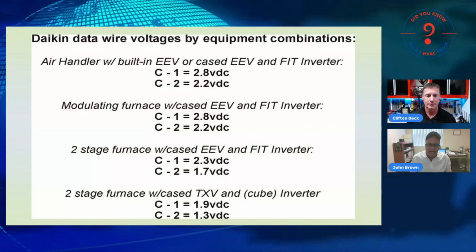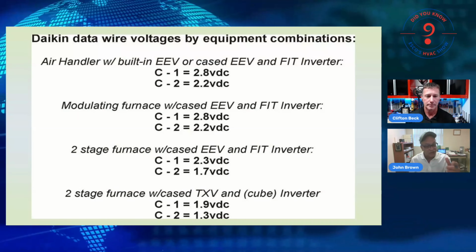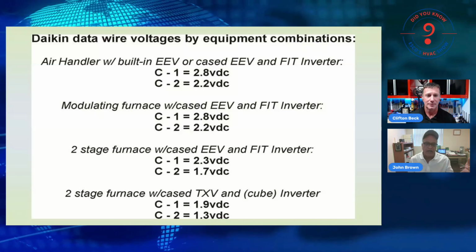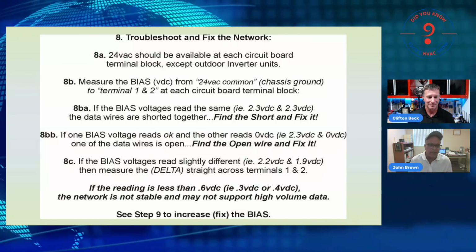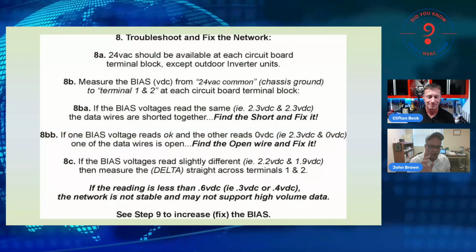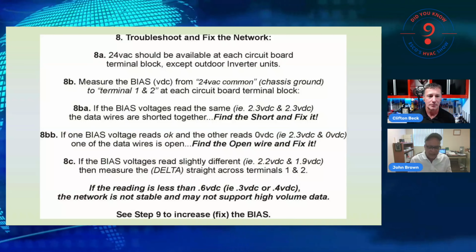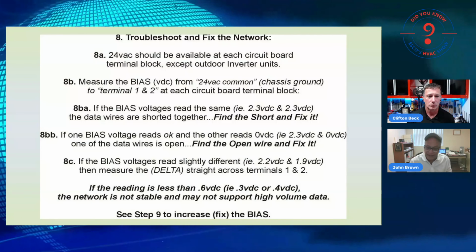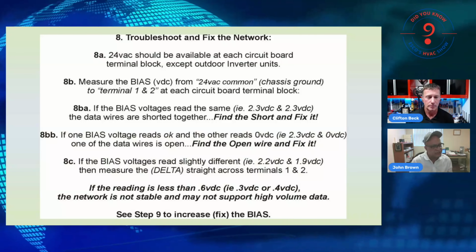In all of these cases, it's important to know what these voltages should be, but there's a shortcut, simply measuring across data 1 and data 2. To troubleshoot and fix the network, make sure you have 24-volt AC at each R and C terminal on each of these circuit boards. This is important.